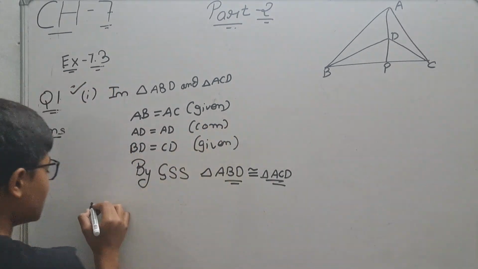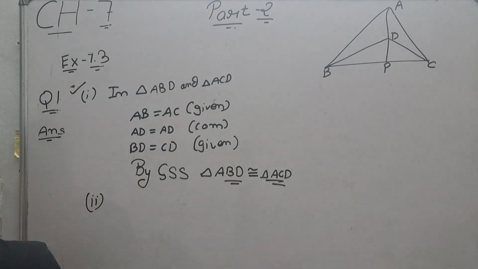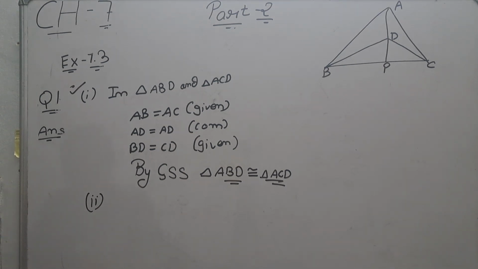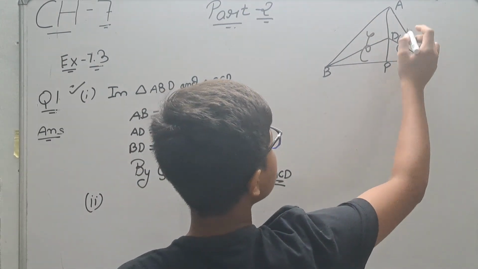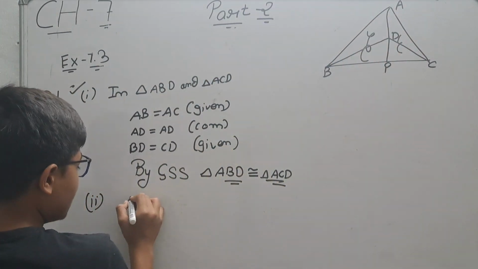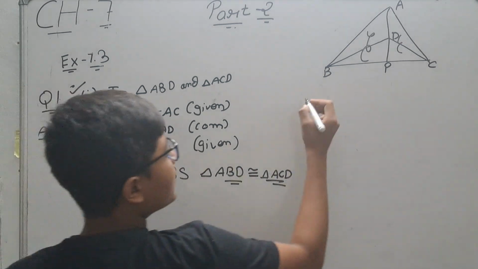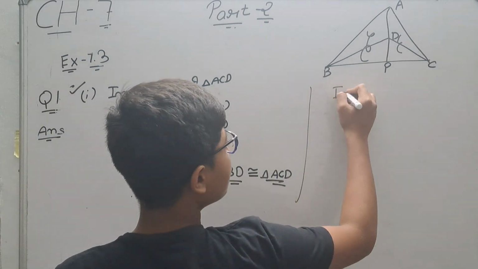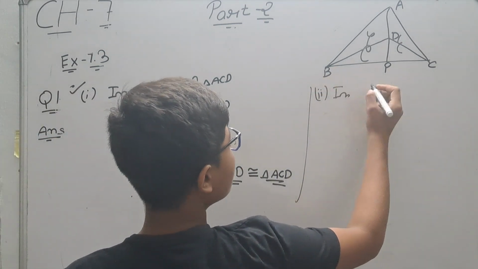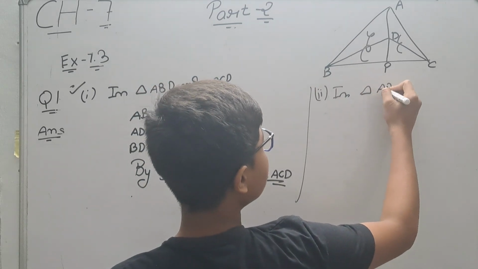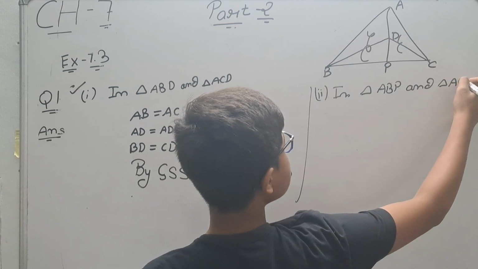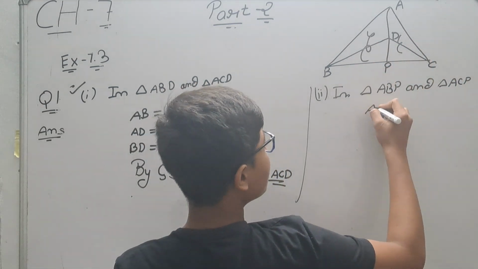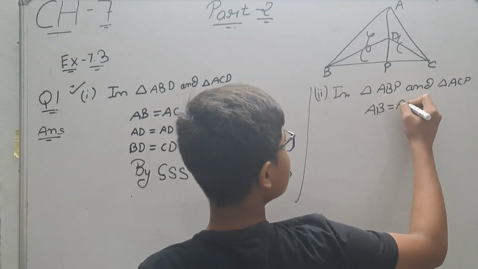Now let's do part 2. What is given? We have to prove triangle ABP congruent to triangle ACP. So how will we prove it? In triangle ABP and triangle ACP, AB is equal to AC.